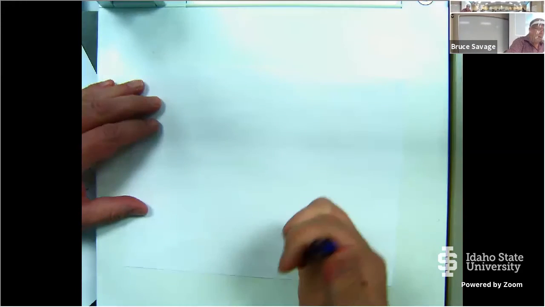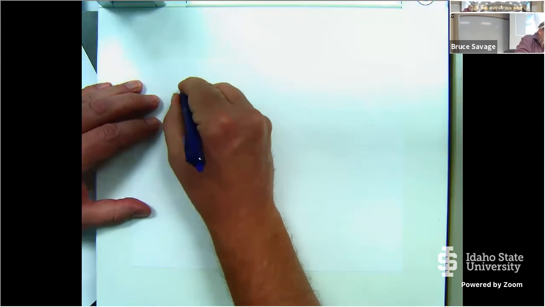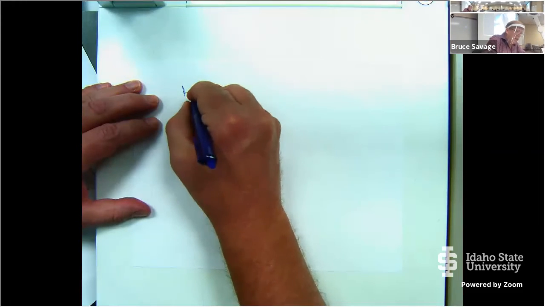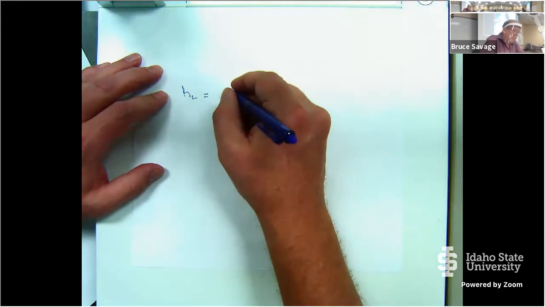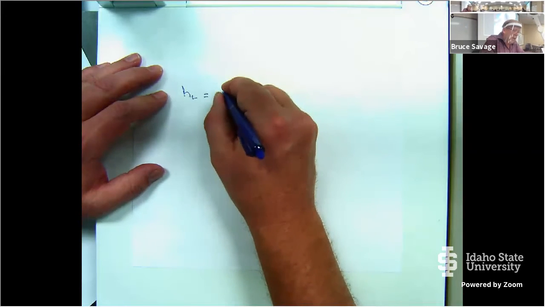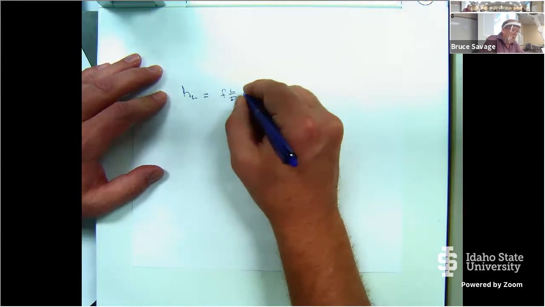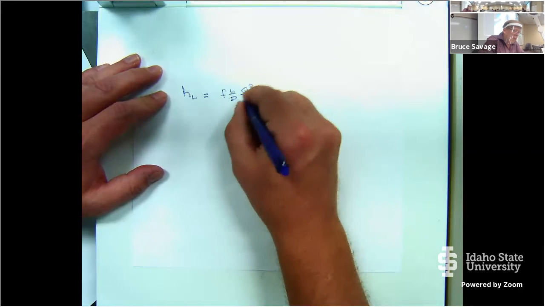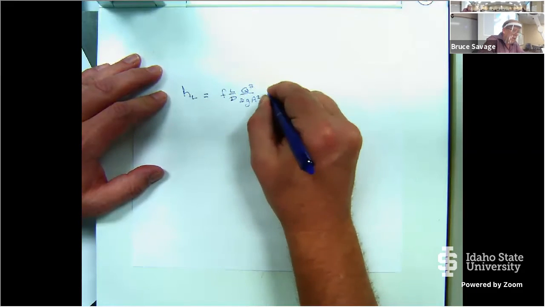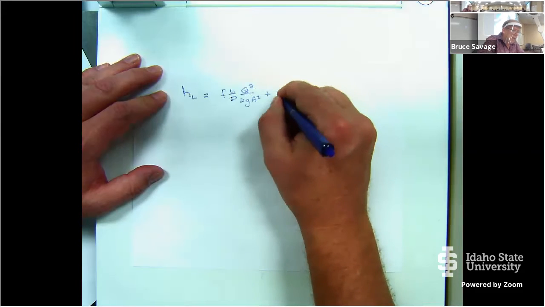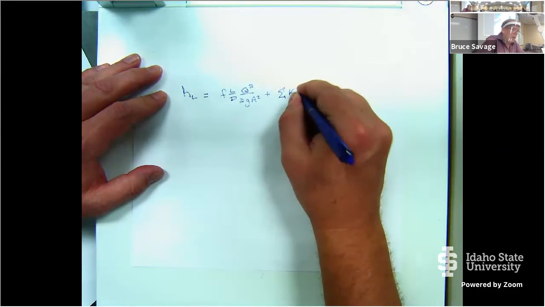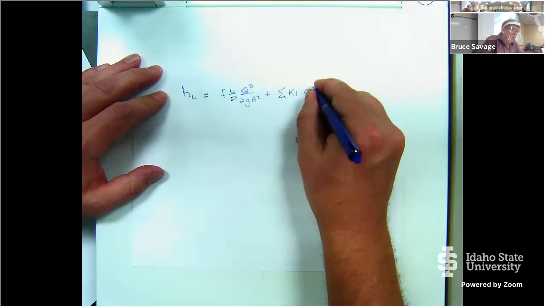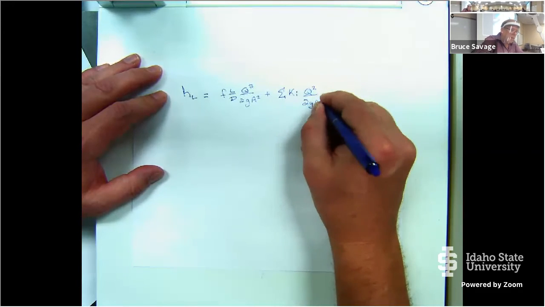If I look at the head loss, the total head loss is equal to, for a single pipe, f L over D. I'm going to write this in terms of Q. Q squared divided by 2g A squared, plus the sum of all the individual K's times Q squared divided by 2g A squared.